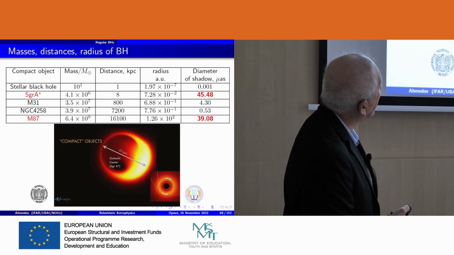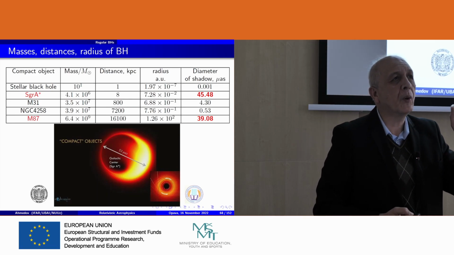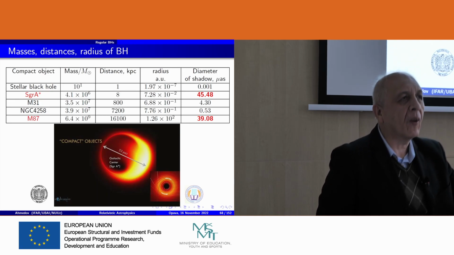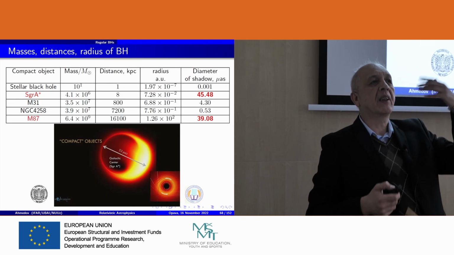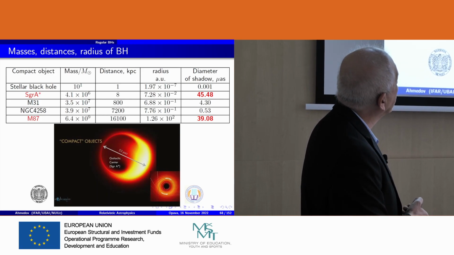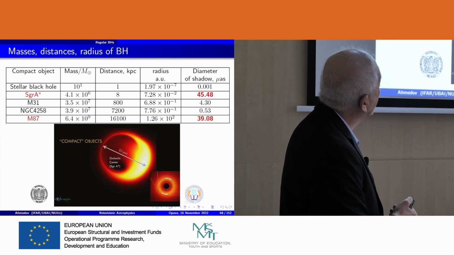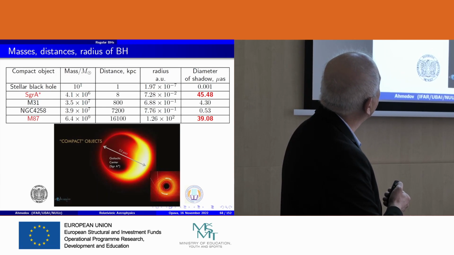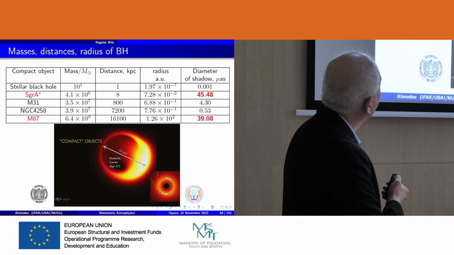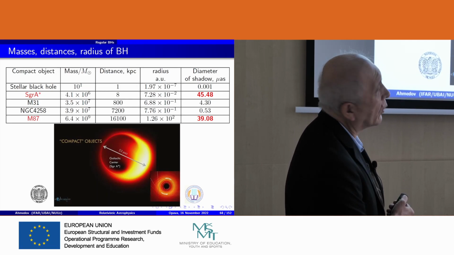It is about 40 microarcseconds. So from the point of view of observations, we have only two objects which can be theoretically observed, yes? And then, you see, what is interesting here, we need to observe it, but our black hole has a mass of 4 million solar masses, but it is very close.